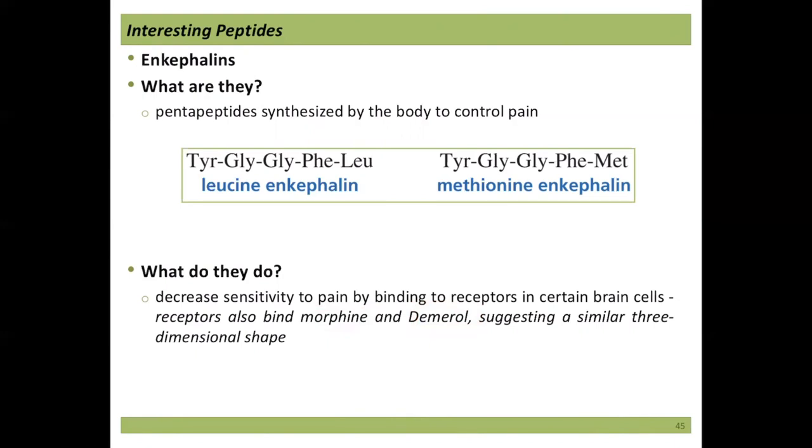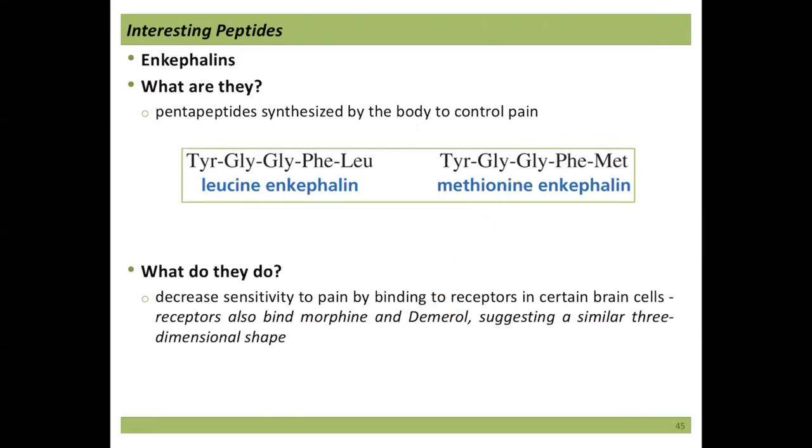So it's thought that morphine and Demerol and these enkephalins actually have very similar 3-dimensional, not necessarily shape, but charge presentation. So if you look at how they look 3-dimensionally, their charges and hydrophobic places would be in very similar spots. And so these bind to the same receptors and have the same response.